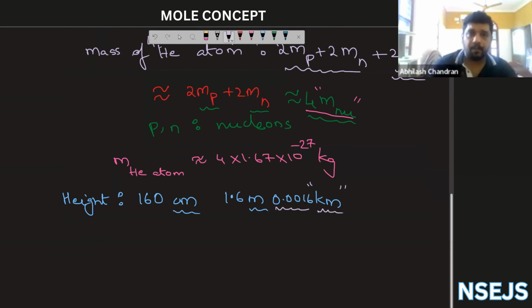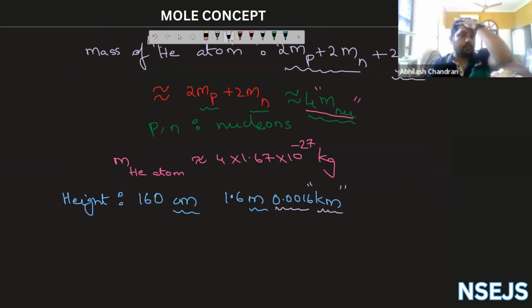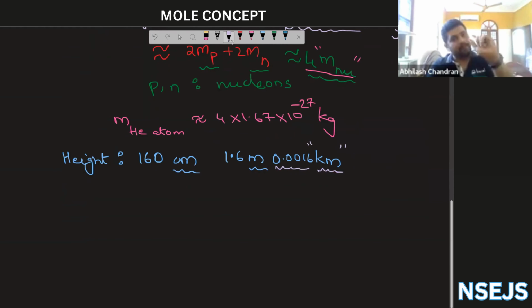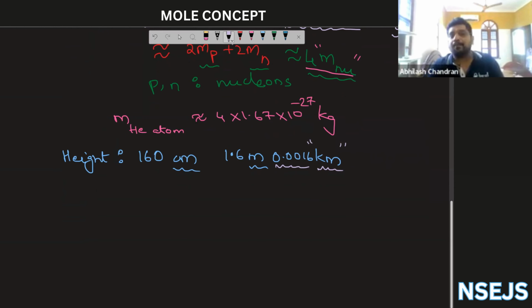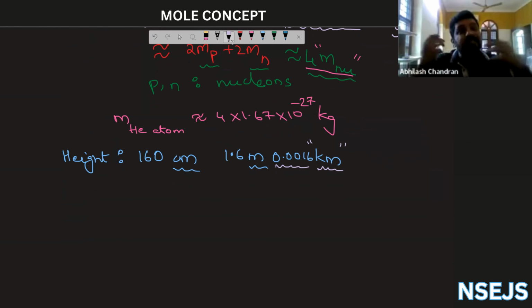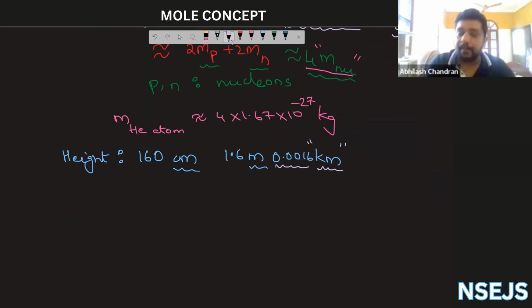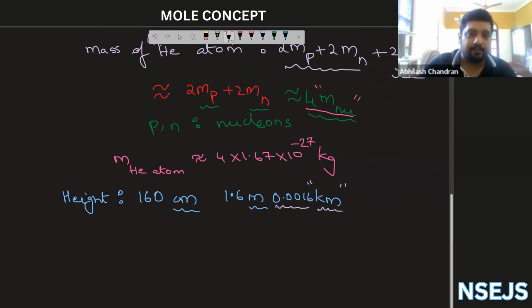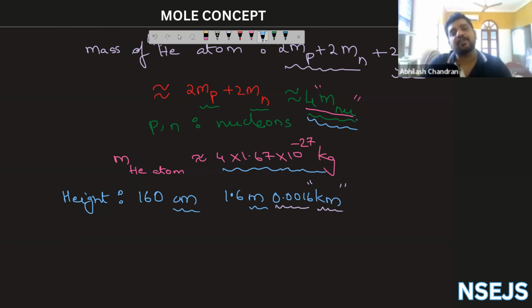So my point, what I'm trying to arrive at, is whenever we speak of a physical quantity, we try to pick a unit which makes the communication more legible, easier, and easier to visualize, right? So if I'm speaking about the mass of my helium atom, we saw that the mass expression was 4 times the mass of a nucleon, which is approximately 4 into 1.67 into 10 to the power minus 27 kg.